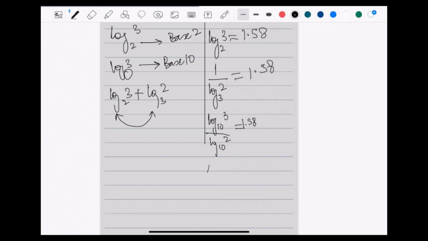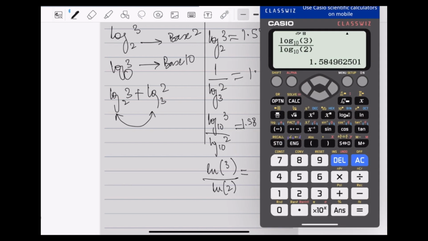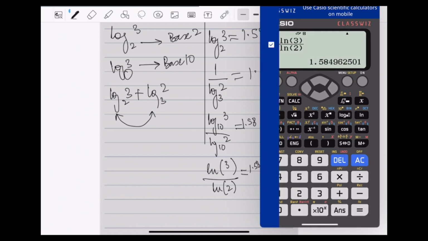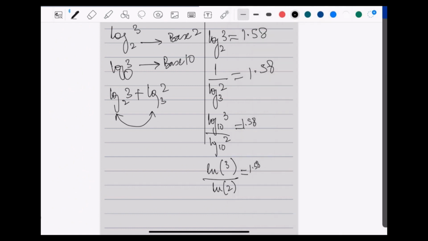Moreover, you can also write this as natural log 3 over natural log 2. So you can express it any way you want to. Hence all of them have the same values.